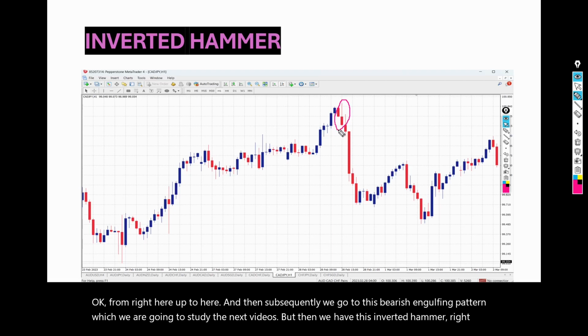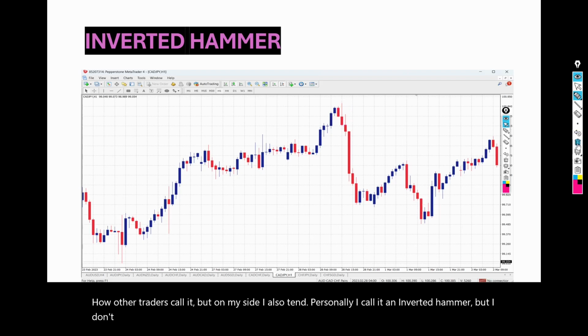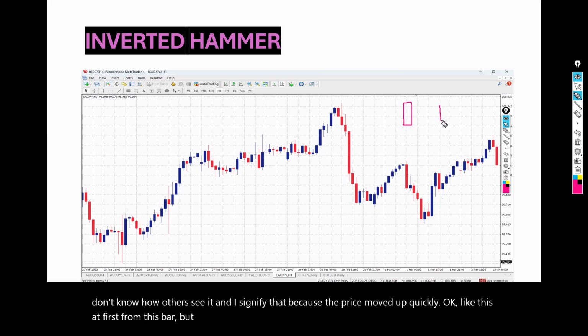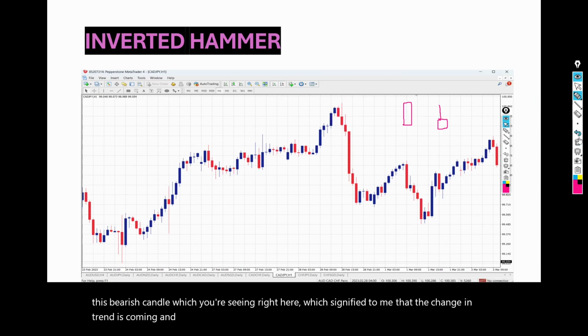I don't know how other traders call it, but on my side, personally, I call it an inverted hammer. I signify that because the price moved up quickly at first from this bar, but then the bears were able to pull the price down, and then they formed this bearish candle, which you're seeing right here, which signifies to me that the change in trend is coming, and therefore I should look for short signals.